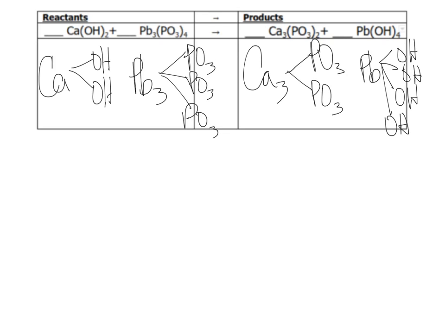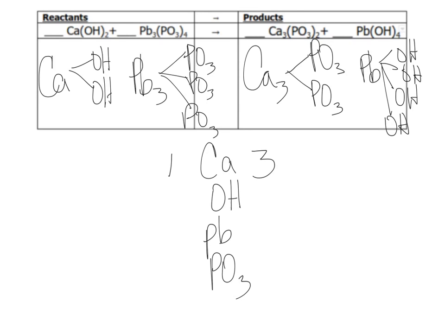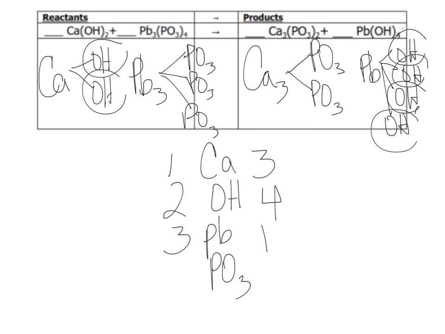Alright, and we should do our inventory. We've got our 2 groups, OH and PO3. Ca, 1 on reactants, 3 on products. OH, 2 on reactants, 4 on products. Pb, 3 and 1. And PO3, we've got 3 and 2.